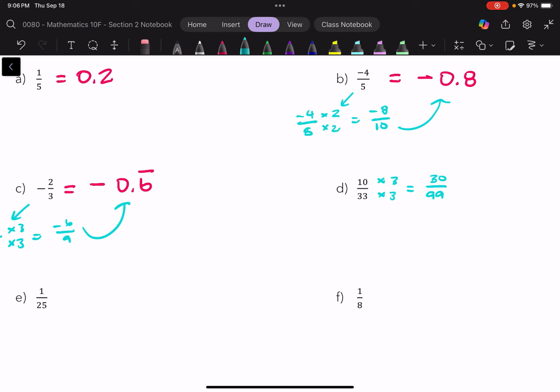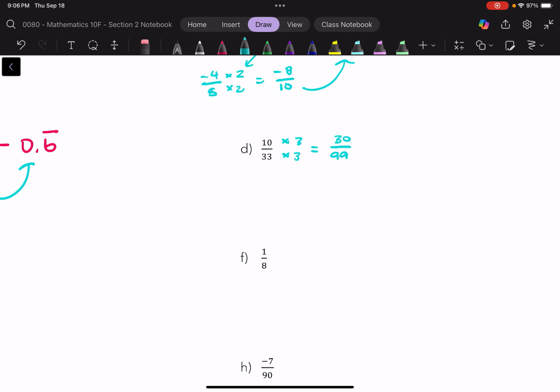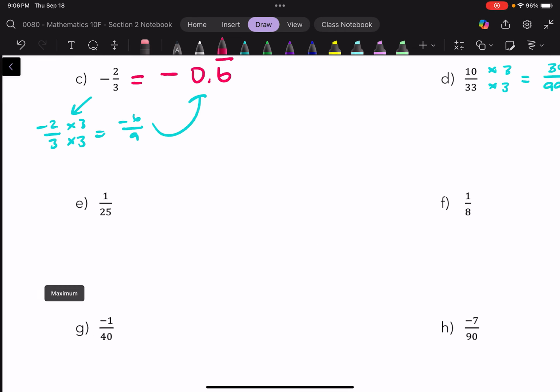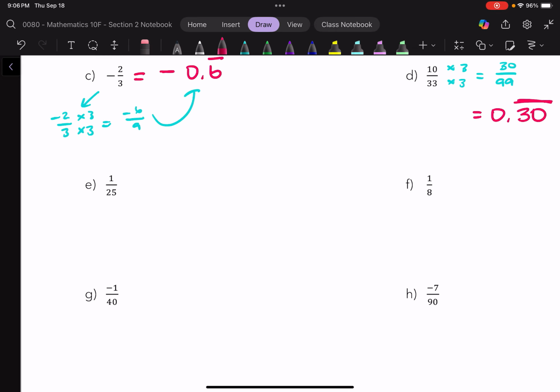And you think, oh, I could turn 3s into 9s. And that's how I knew to go in that direction. And when I do that, I know 2 9s in the denominator means I have 2 digits repeating. Those 2 digits are the value in the numerator. So I get 0.30 repeating.